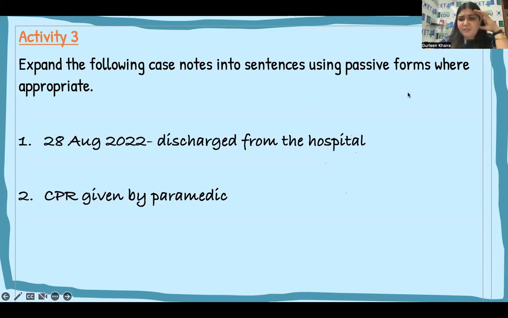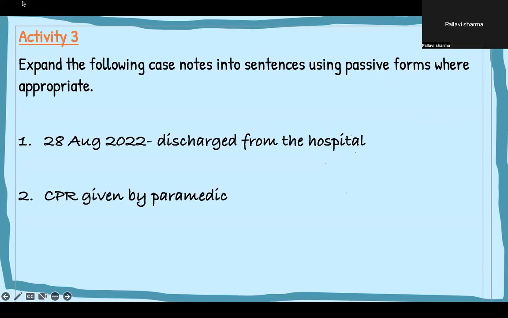Very good, Amit. He or the patient was discharged from the hospital on 22 August 2022. Good, Kamal.